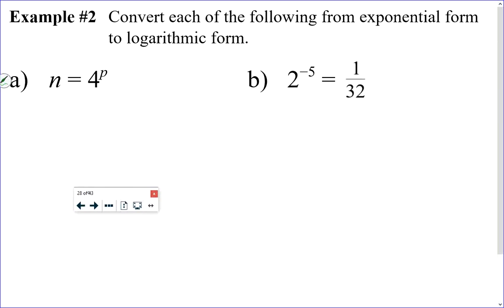So, example 2. This is the meat of this lesson. Convert each of the following from exponential to logarithmic form. So this right now, n equals 4 to the p, is written as an exponential equation. We're going to write it as a base 4 logarithm of something equals something. And that logarithm has to be equal to the exponent to which you raise 4 to get n.